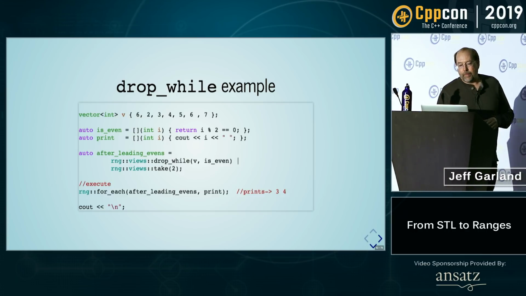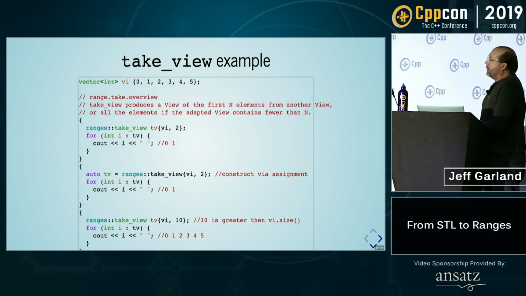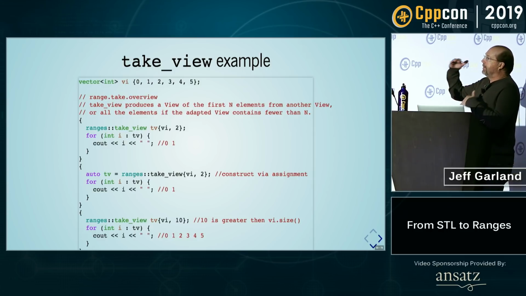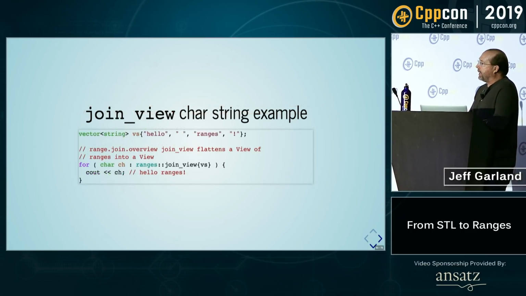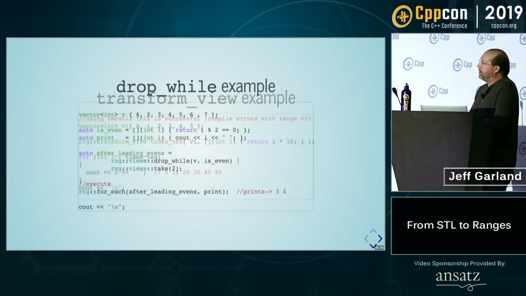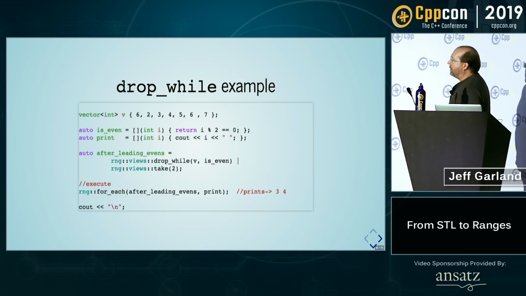If we went back a couple slides to the take, you notice there's two constructor parameters in all of these cases. And again, that's that I can construct a view several different ways. In this case, I'm constructing the actual view type directly, and in this case, we're actually using range adapters, and it's the equivalent.